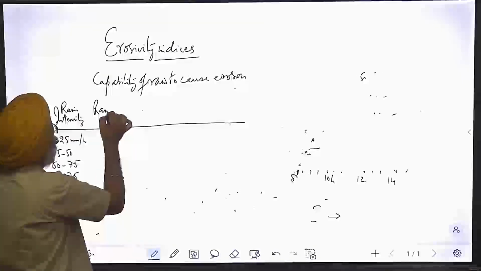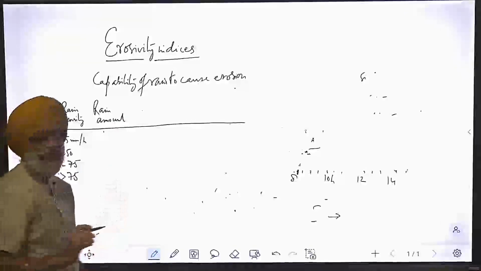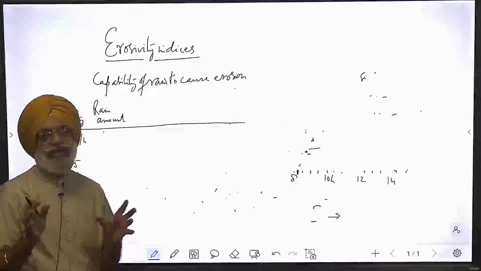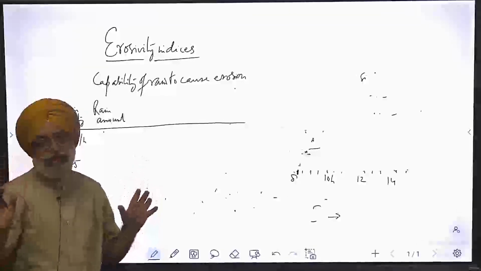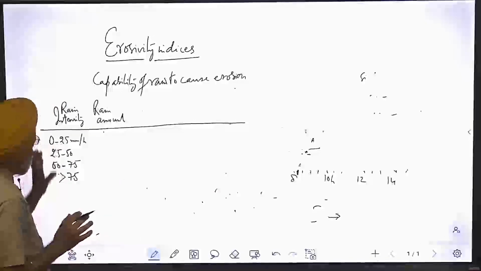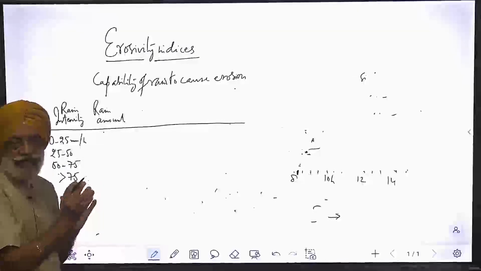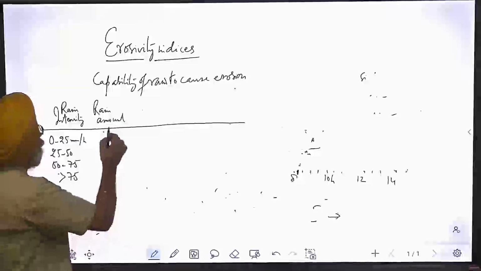So, the second column is rain amount. One thing is very clear: for calculating the erosivity indices you should have the data from a recording rain gauge, and that data is available on the recording rain gauge chart. You have to analyze that chart, make these classes for each intensity level, 0 to 25, 25 to 50, and so on, and calculate the rain amount.